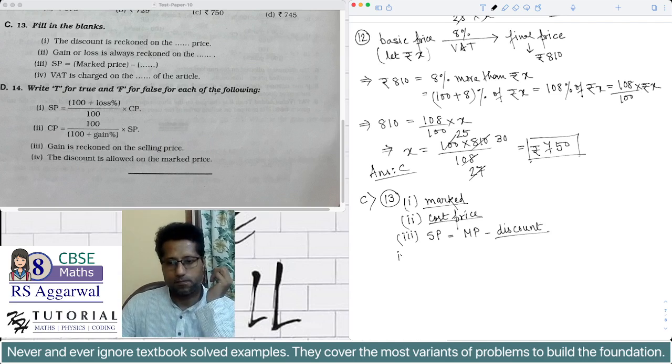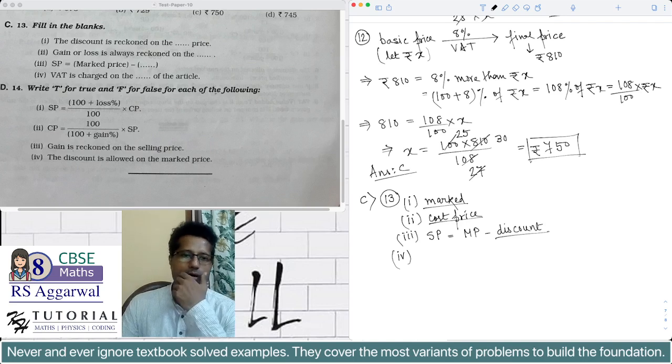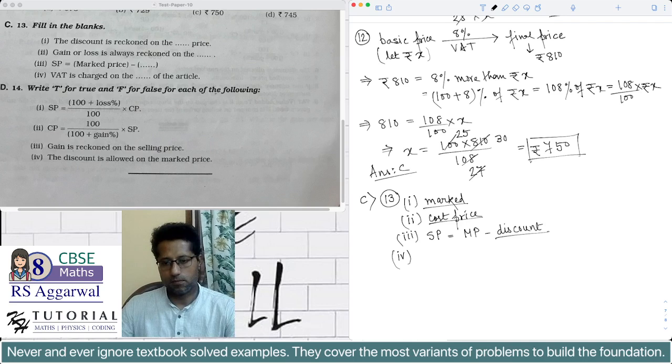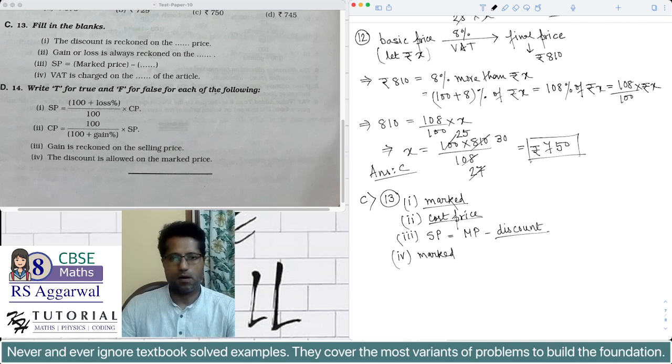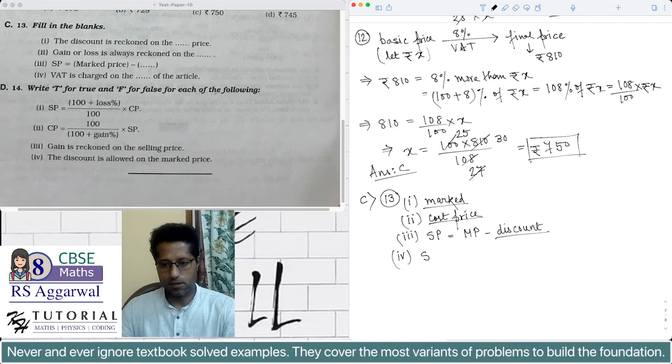Part 4, VAT is charged on the, VAT means a tax, charged on the, sorry, not mark, the selling price, SP, selling price.